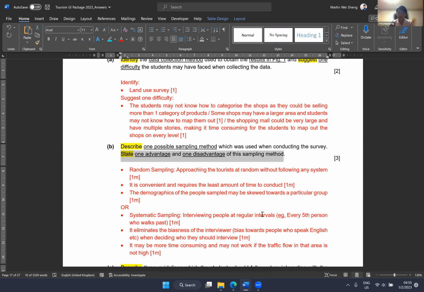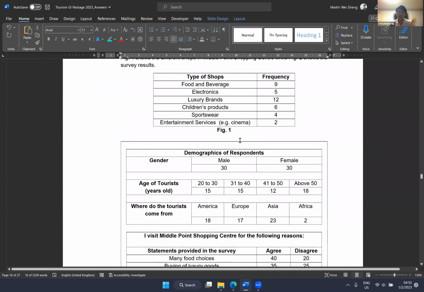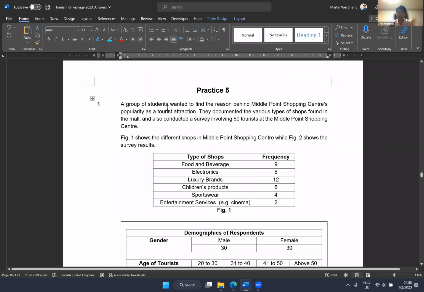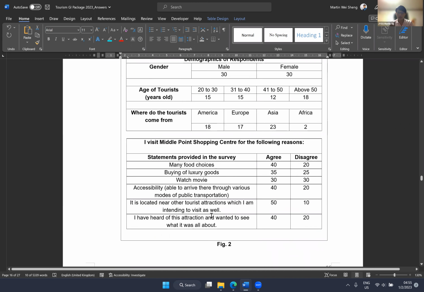When doing your discussion, your notes give you some general advantages and disadvantages of each sampling method. But when answering the question, you also have to answer towards the GI question that is given to you. So you can modify the advantage and disadvantage based on the scenario given to you.